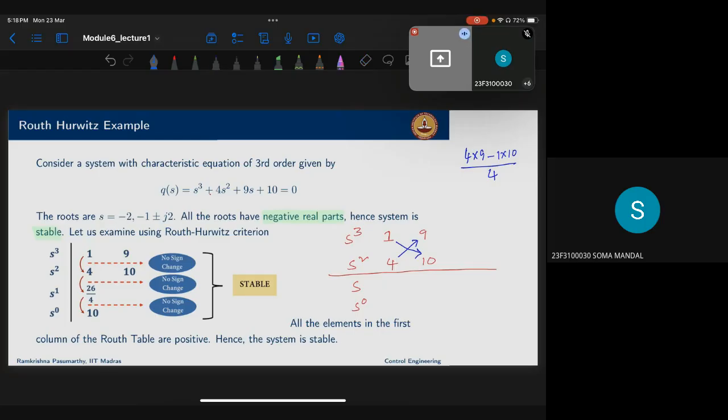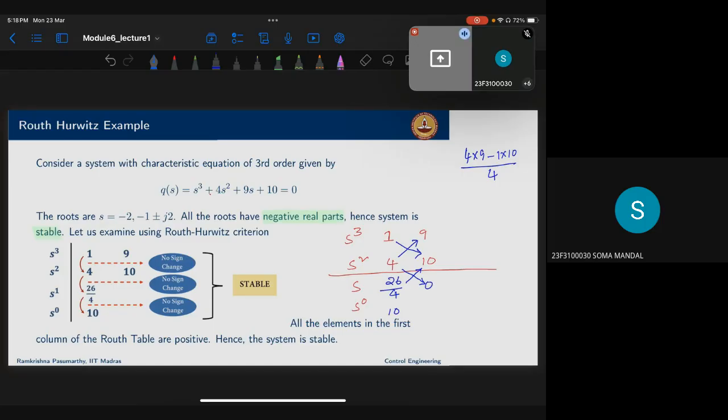Correct? Next, we don't have anything, so this will be 0. Next, again if you do the same thing, 26 by 4 multiplied by 10 minus 4 multiplied by 0, divided by 26 by 4. How much is it? It will be 10 only.